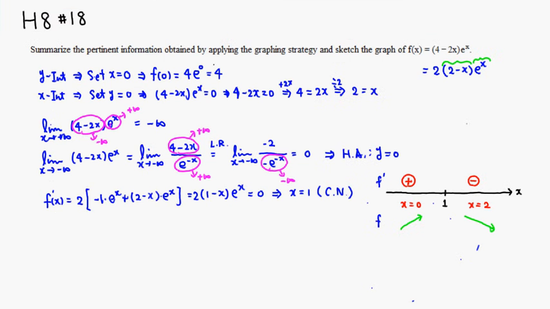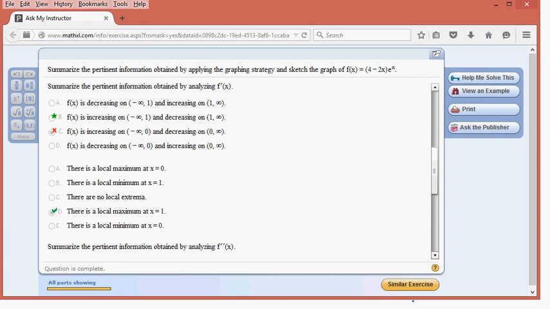At the critical number, it's increasing and then turning to decreasing, so we're looking at the top of the hill. So there is a local maximum at x equals 1.